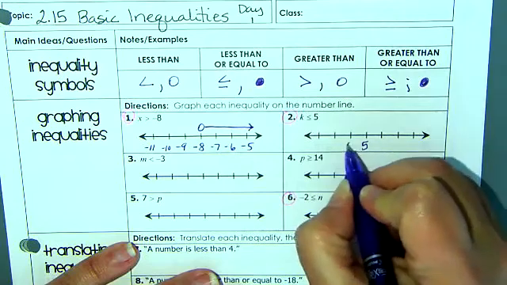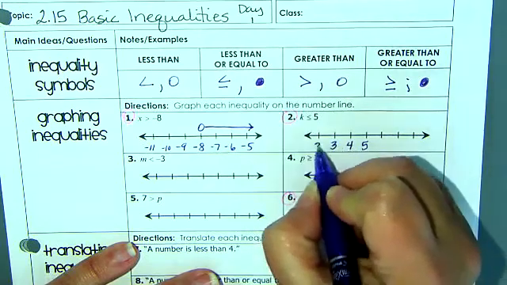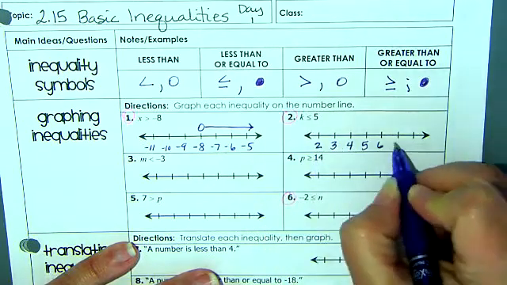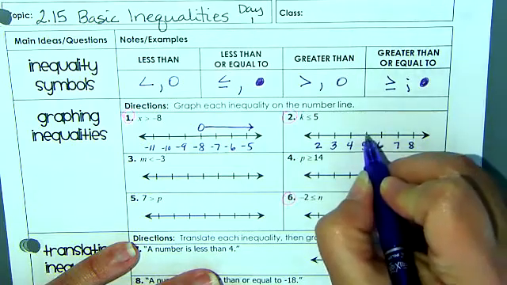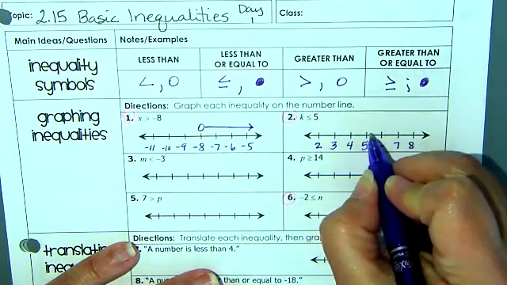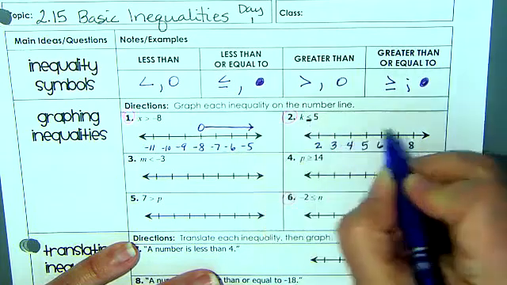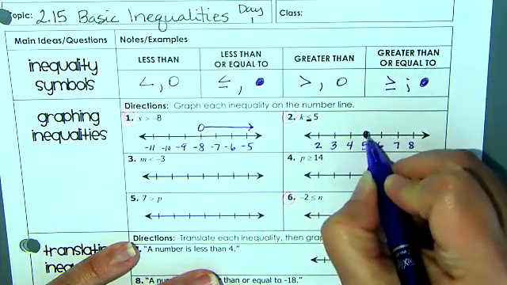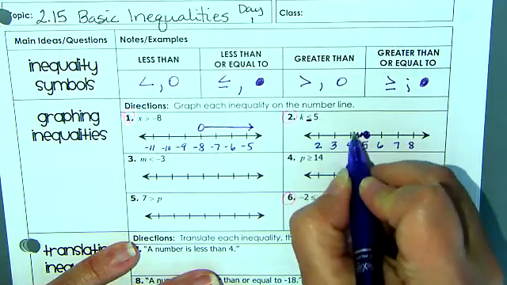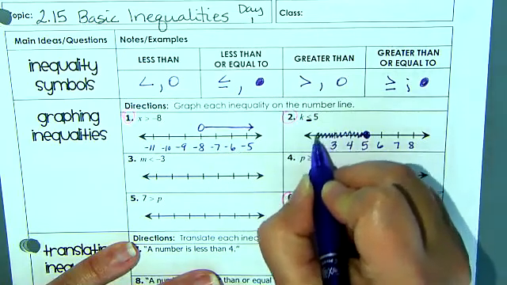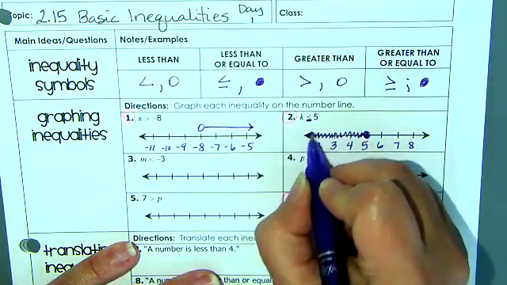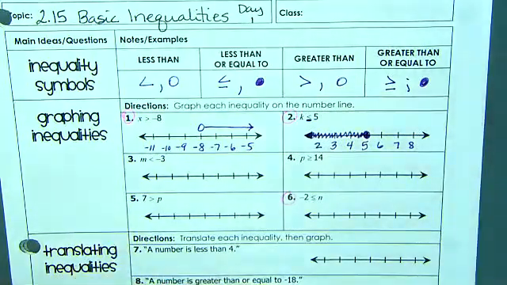This is positive numbers, so this is 4, 3, 2, and then this is 6, 7, 8. And now if I do it on the actual number line, because it's got the equal to bar, I'm going to put a filled in circle here, and I'm going to shade everything that is less than. But you just have to make sure that it's very well known.